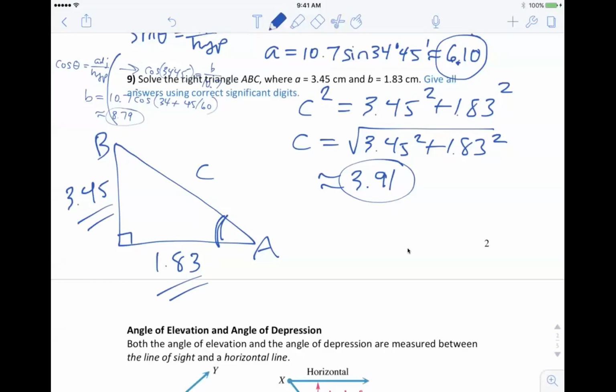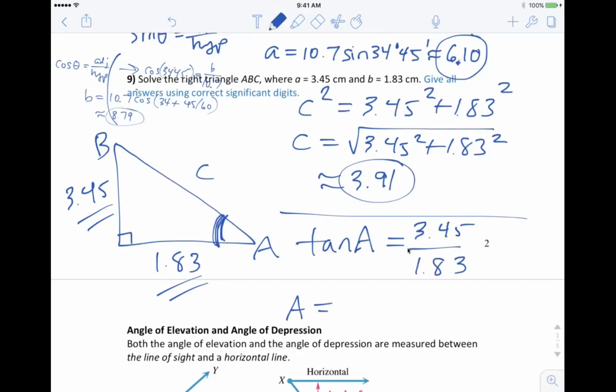So my next step is tangent of theta. Let's say A in this case. Tangent of this angle A is its opposite, 3.45, over adjacent, 1.83, okay? So A, if I solve this, anytime you're trying to find the angle, that's when you're going to use tangent inverse, right? And this is what I'm going to put in my calculator.